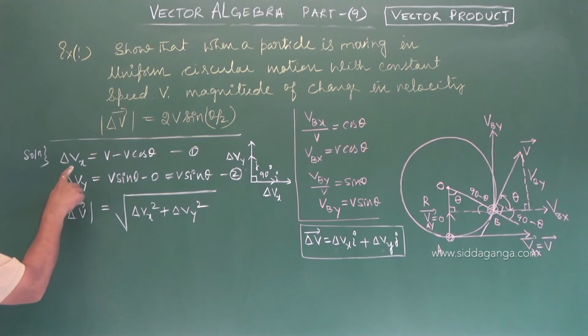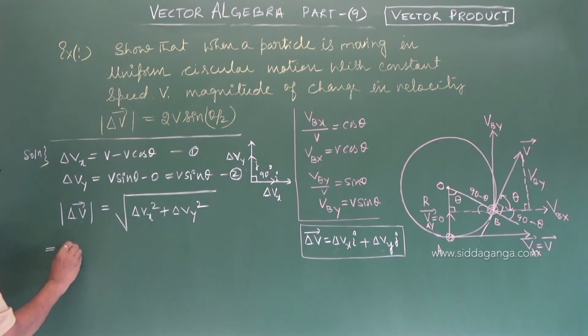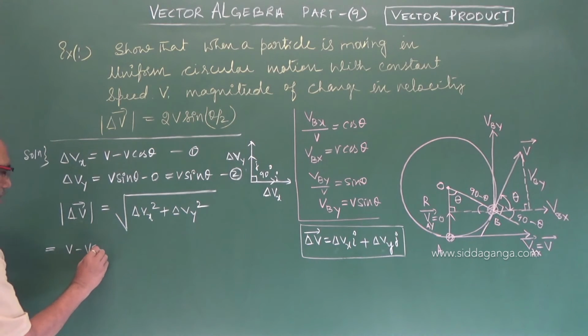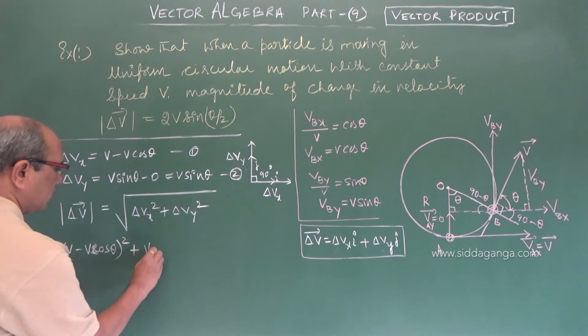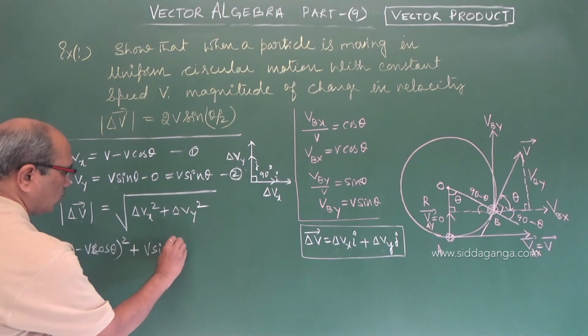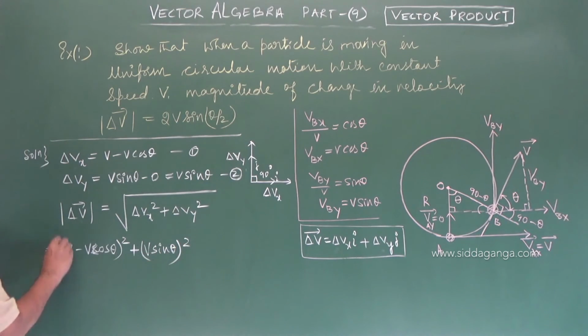Now delta Vx square is V minus V cos theta whole square, plus V sin theta whole square, all under the square root.